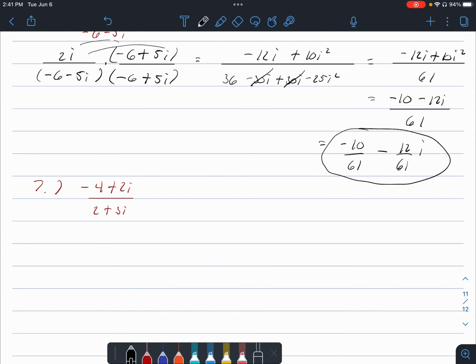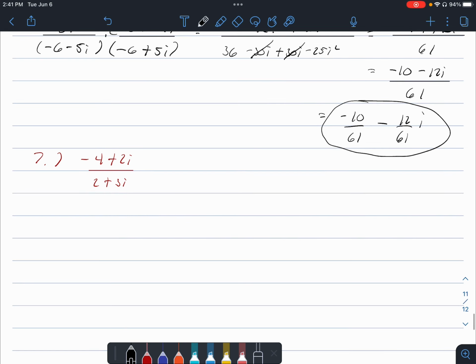So let's do the same thing here. Let's take a look at number 7. We have negative 4 plus 2i divided by 2 plus 3i. So let's find the conjugate of our denominator. The conjugate of 2 plus 3i is 2 minus 3i. And again, this comes from the fact that we're just changing the sign in the complex number of just this sign.